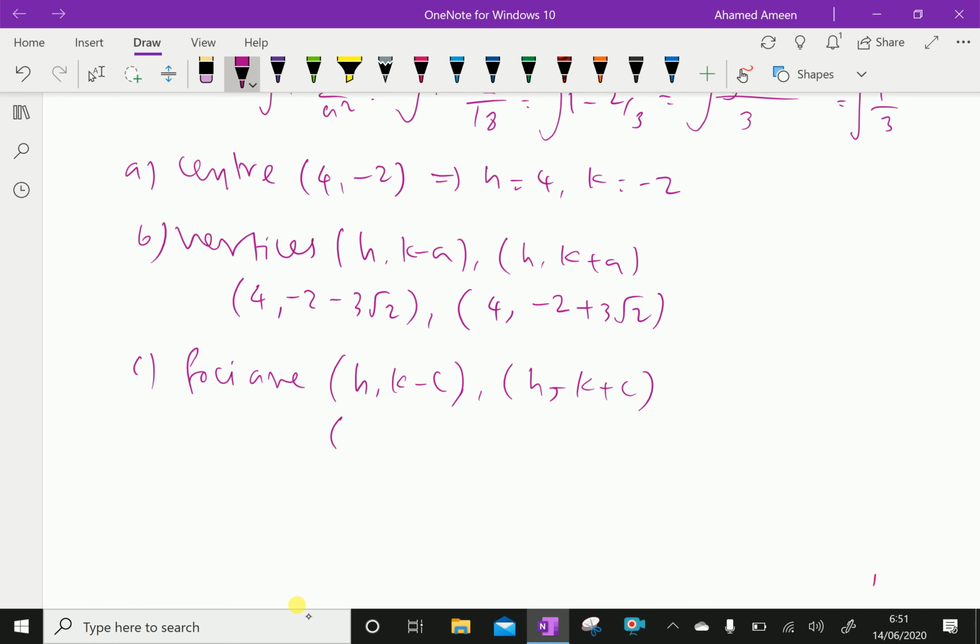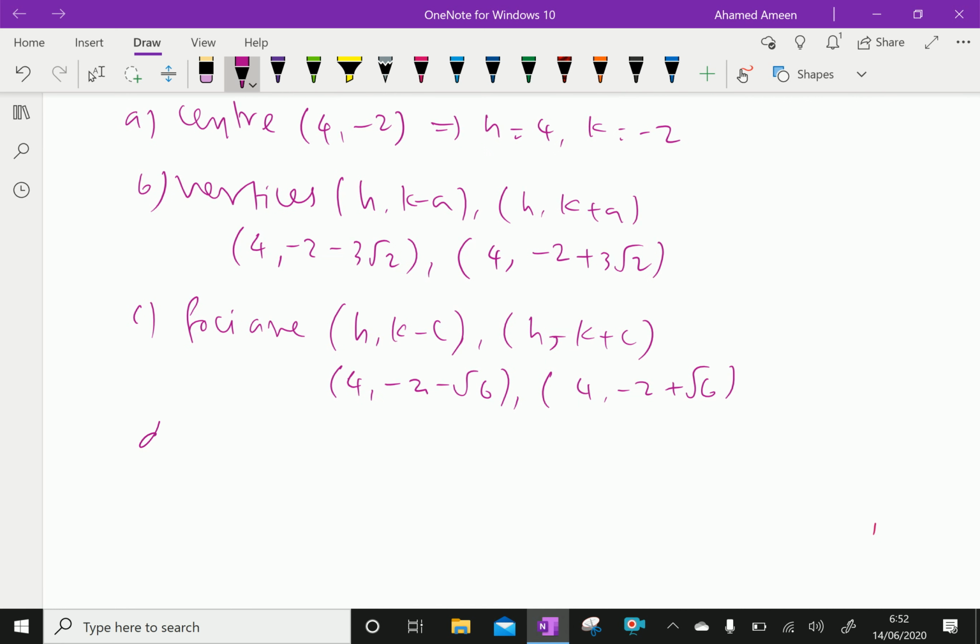Therefore h is 4, k is minus 2 minus root 6, and 4 comma minus 2 plus root 6. Then we got the foci.